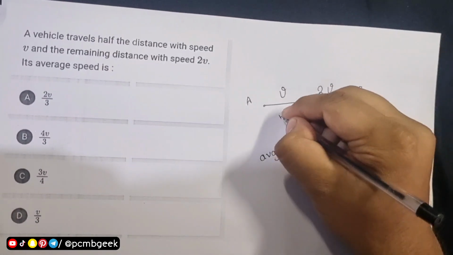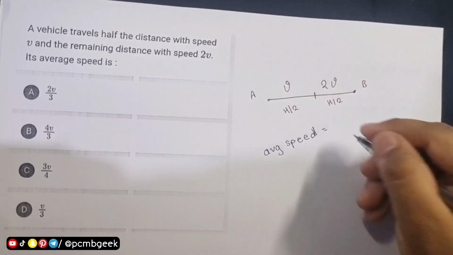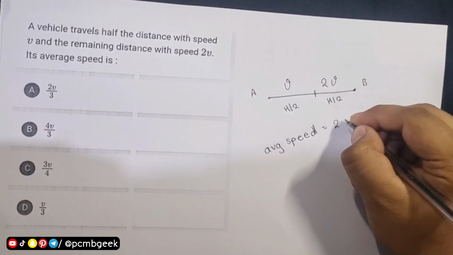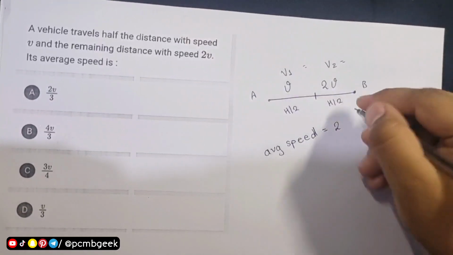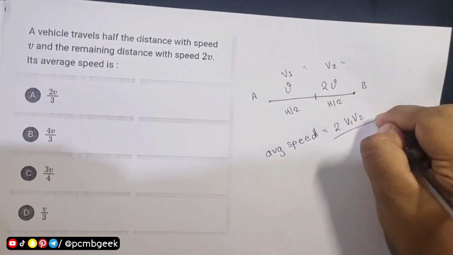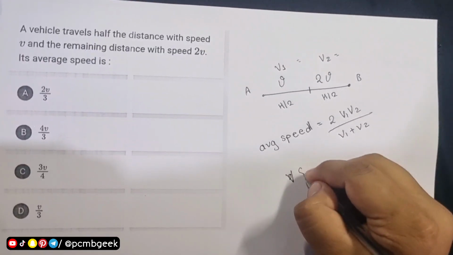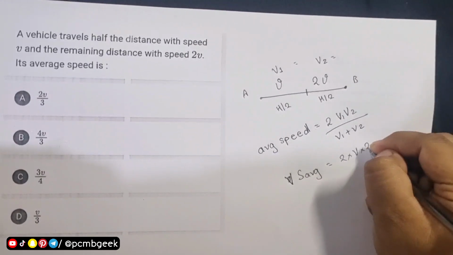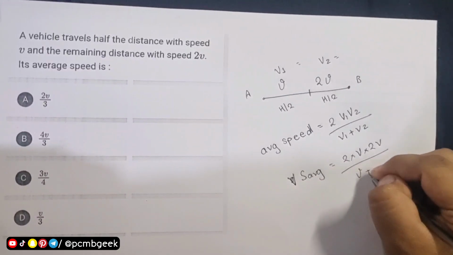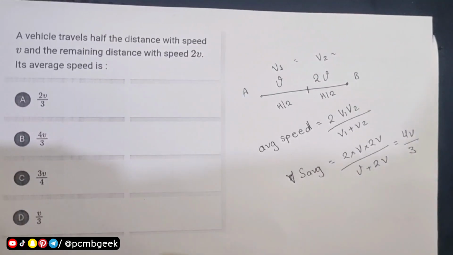That means here it's h divided by 2, here it's also h divided by 2. That means it's the harmonic mean between v1 and v2, 2 times v1 v2 divided by v1 plus v2. That means v average equals 2 times v multiplied by 2v divided by v plus 2v, that is nothing but 4v divided by 3. Option number B.